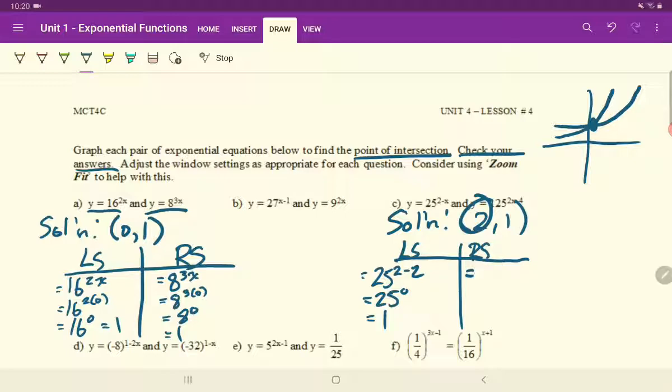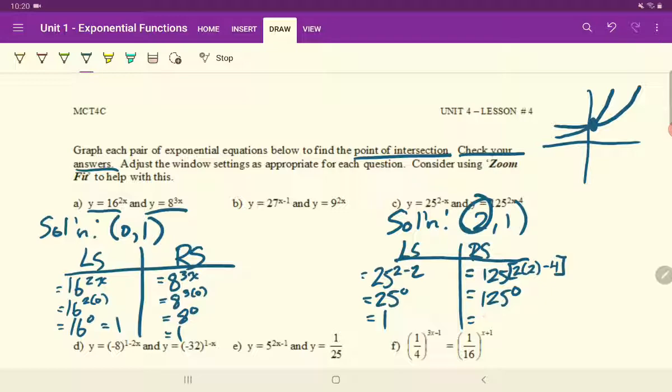Let's try that here. 125 to the power of 2 times 2, which is 4, minus 4, which is 0. This whole thing is an exponent.